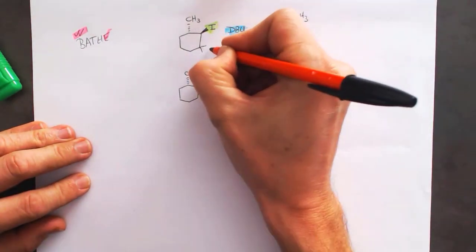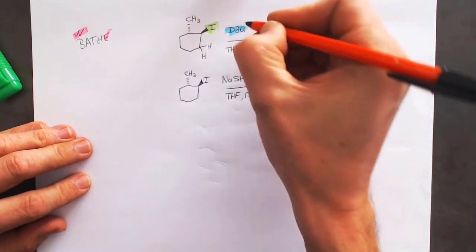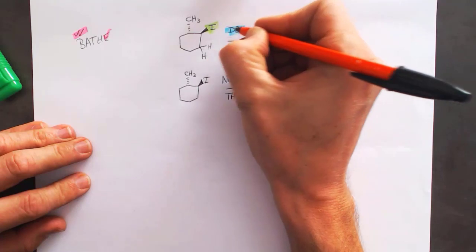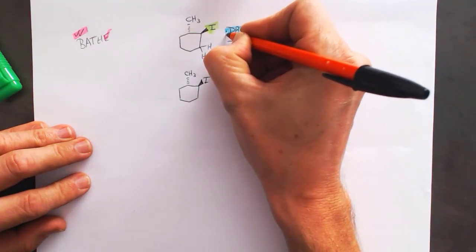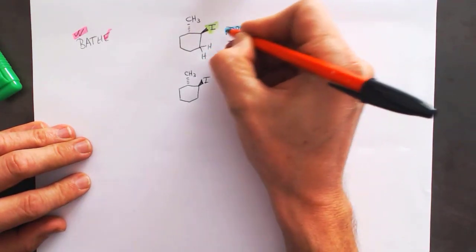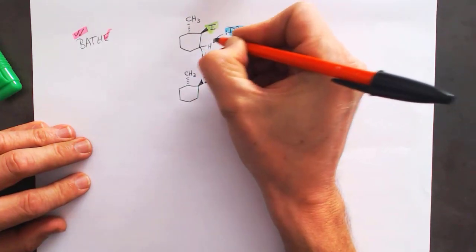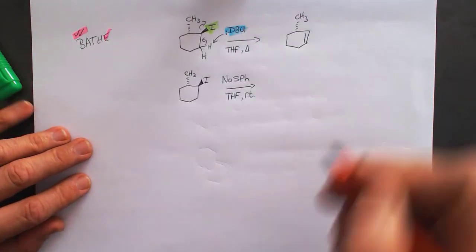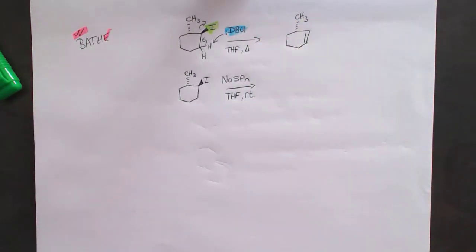It's going to be E2. I'm more than happy for you to just draw a lone pair, showing the picking up of this hydrogen, kicking in and kicking out the I minus like that. And so we get our elimination product.